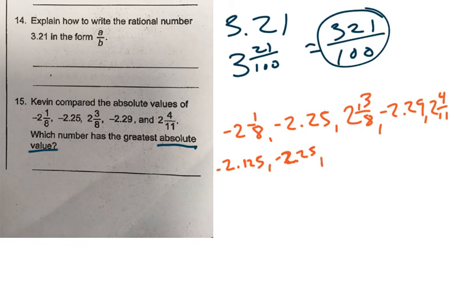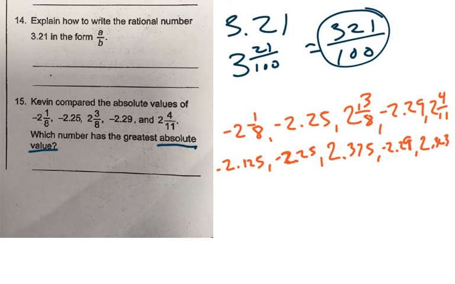And that's going to become 2 375 thousandths. Okay. Then I already have negative 2 2900ths as a decimal. So I need to convert 4/11ths. 4 divided by 11 is 2 363 thousandths.